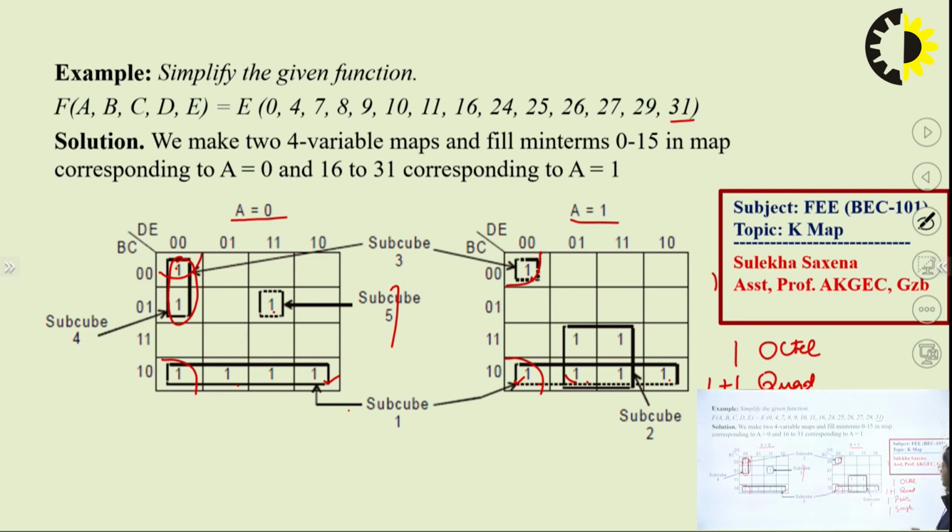So this is the overall grouping structure: 1 octet, 2 quads, 1 quad around the corners, 1 pair and 1 single.